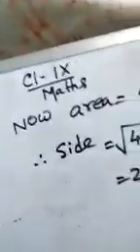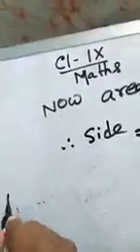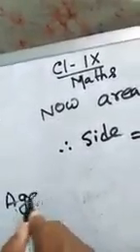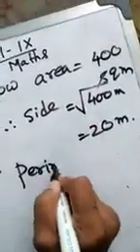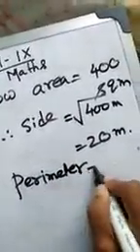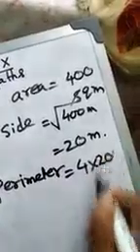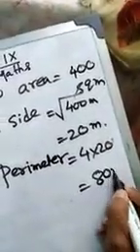So first, along with the 20 meter sides, we find the perimeter of the field. Perimeter is equal to 4 into 20, that is 80 meter.